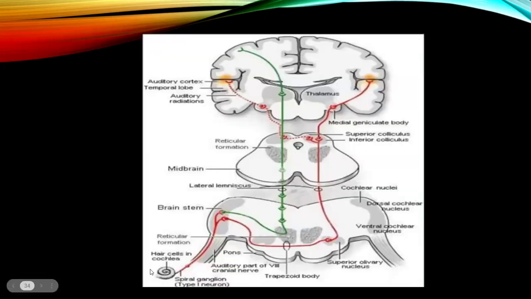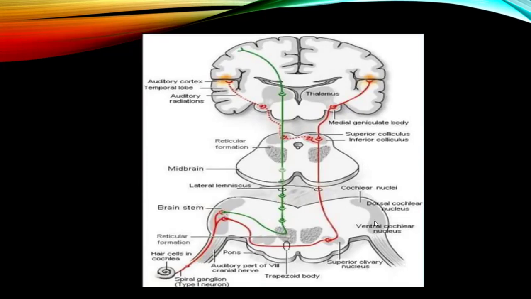So basically, once we hear the sound, it disturbs the hair cells of the cochlea, through pressure differences. The signal is transmitted through the spiral ganglion towards the auditory nerve. From the auditory nerve, it reaches the brainstem. In the brainstem, we have the dorsal and the ventral nuclei. From the nuclei, they ascend upwards.